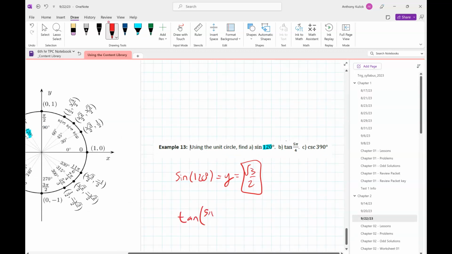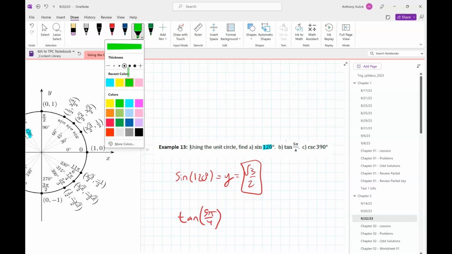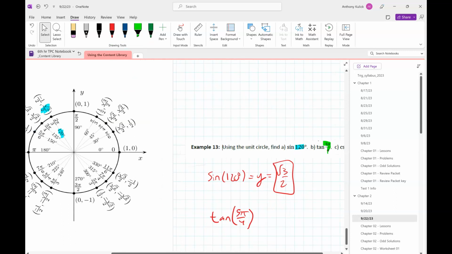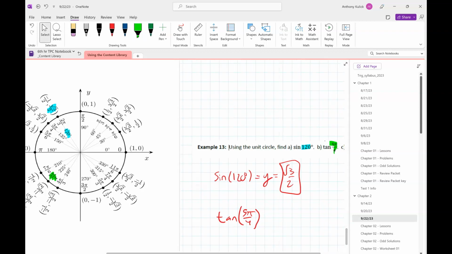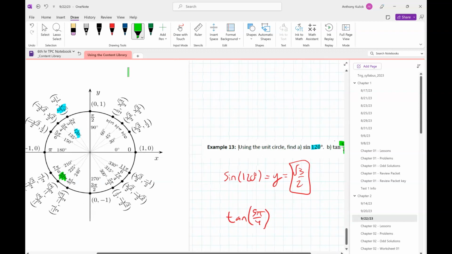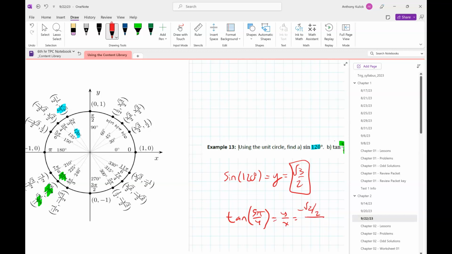Tangent 5 pi over 4. Well, I notice that 5 pi over 4 is one of my unit circle angles. It's right there. I know tangent is y over x. What do I get when I take negative 2 root 2 and divide it by negative 2 root 2?